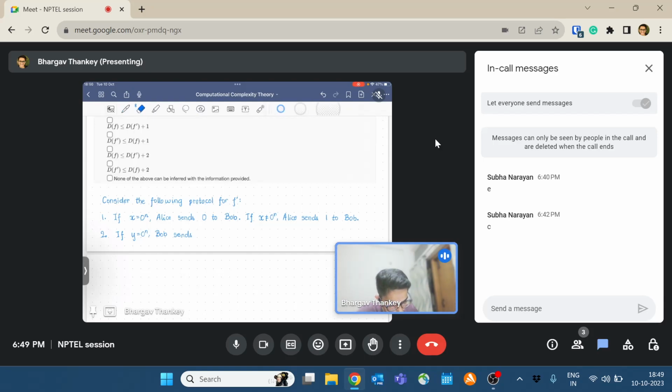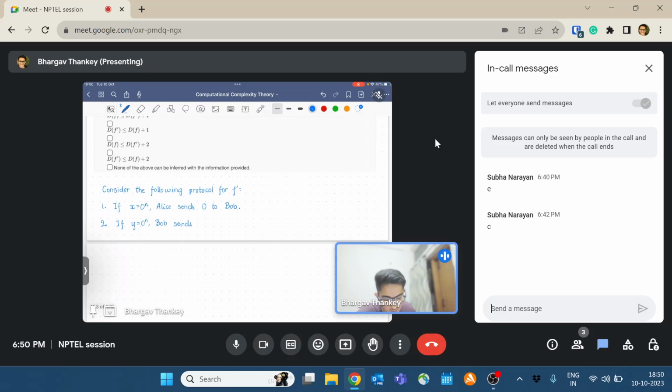Okay, rather let me do it like this. So, if x equals 0^n, Alice sends 0 to Bob, and if y equals 0^n, Bob sends 0 to Alice. So, if y is also 0^n, then Bob knows that we have to stop the protocol now.